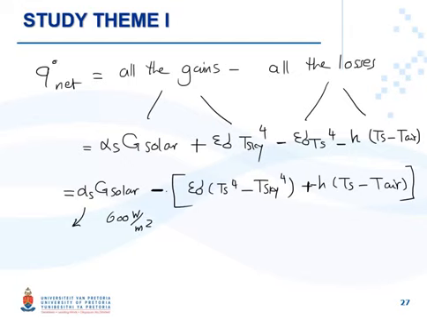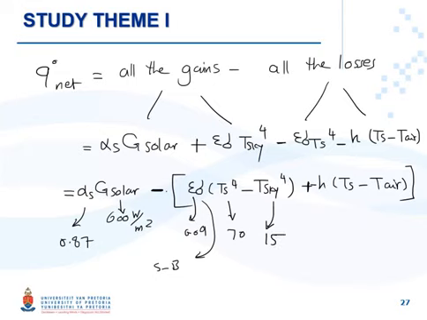We have alpha S 0.87, we have epsilon 0.09, the Stefan Boltzmann constant, we have it. Ts we have 70, T sky we have 15, but you know that you need to convert it into Kelvin.